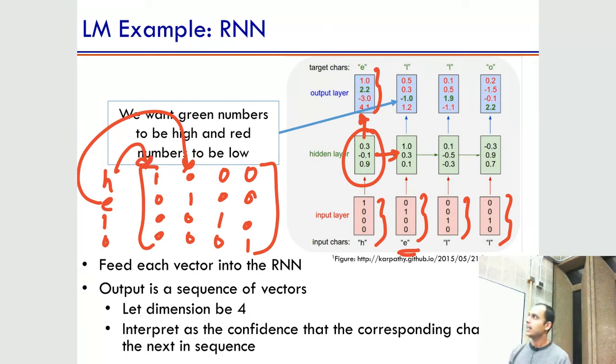Given E and this hidden vector, we compute some hidden activations, and those activations translated to scores should be such that the third coordinate should be highest, because L is the next character that I want given HE.